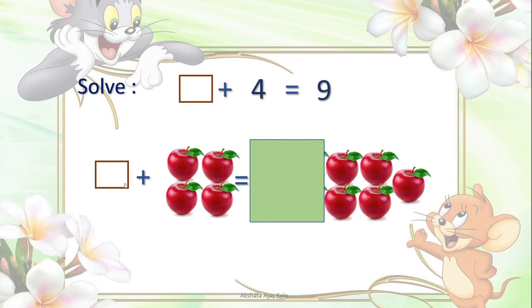So 5 should be in the first place. Right? So let us write 5 here. Same thing we will write here. Answer is 5. Correct? 5 plus 4 is equal to 9. Got this, children? Yes? I hope you understood this method.